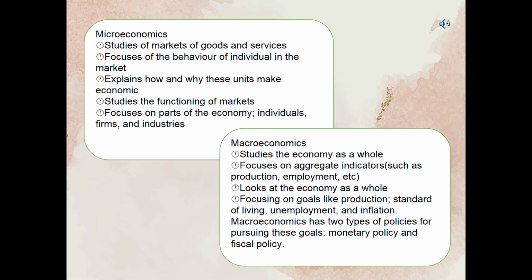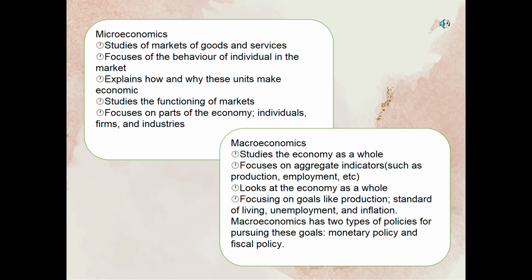Its perspective focuses on parts of the economy, individuals, firms, and industries. That means that it is more focused. Macroeconomics, on the other hand, studies the functioning of the economy as an aggregate. It could be the production, employment, scarcity, and others.